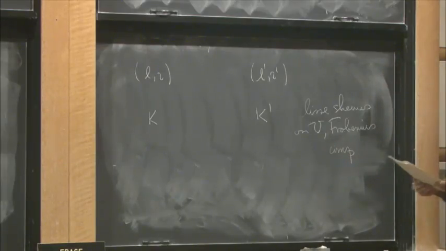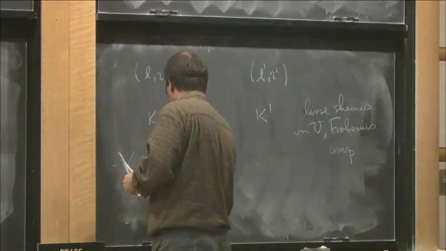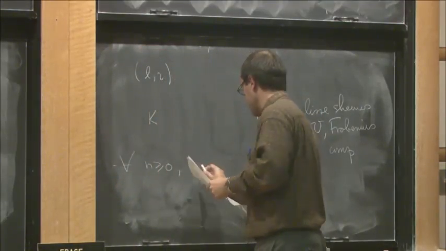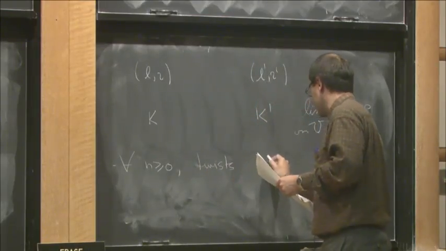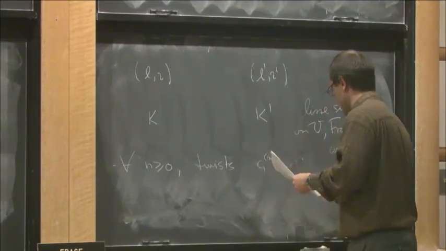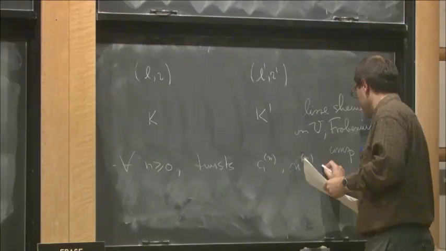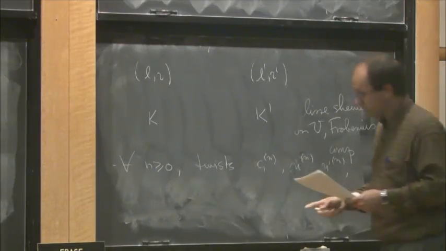And then for every n bigger than or equal to 0, I'll also consider the twists, a natural way to twist the correspondence by a power of Frobenius. And there's an action, U prime. OK, so there, I don't want to write the formula.